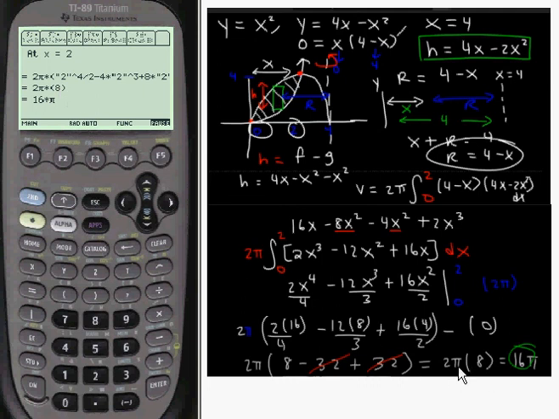Here's 2 pi times 8 down here. Equals 16 pi. Then of course 0 is 0. We take the upper minus the lower. And the answer is volume equals 16 pi cubic units. So that's how this problem here is done with my calculator.